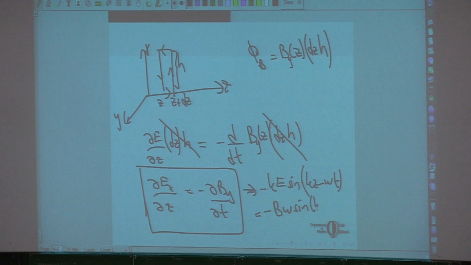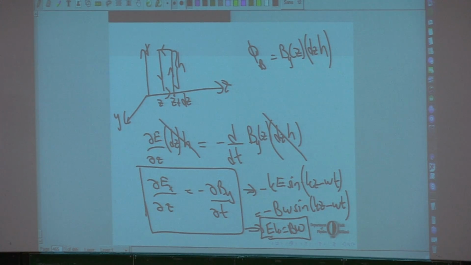Sine kz minus omega t. I already know the expressions of Ex and By. I just took their derivative with respect to z and time t. This is what I get. Sines, they will just cancel. So I will have E times k is equal to B times omega.